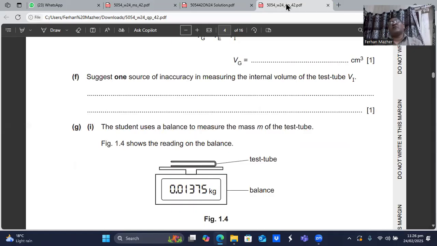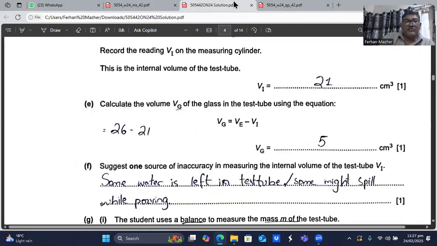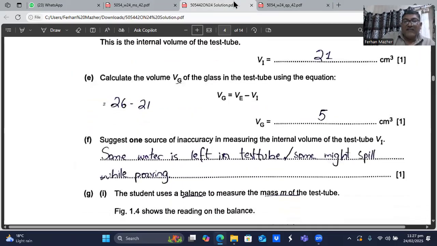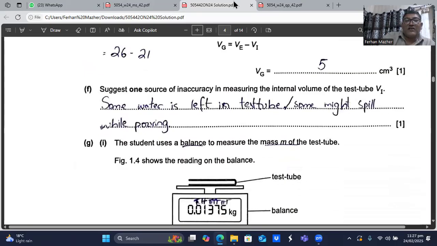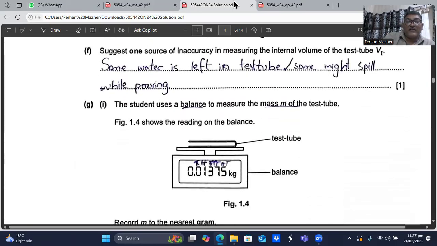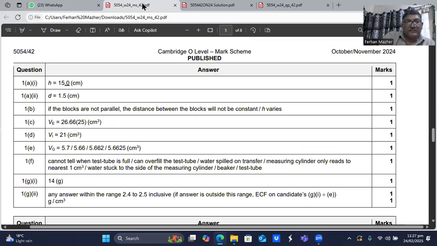It is also possible that when you are pouring the water from the test tube into the measuring cylinder, maybe some water splashes and falls on the table. So these are some reasons. Some water is left in the test tube, some might spill while pouring. Okay. So you can have a look at the marking scheme here.